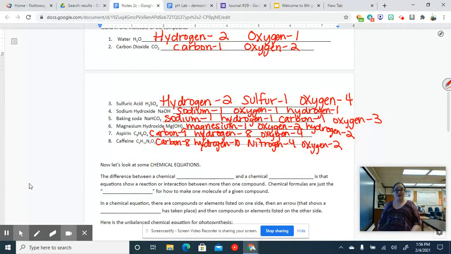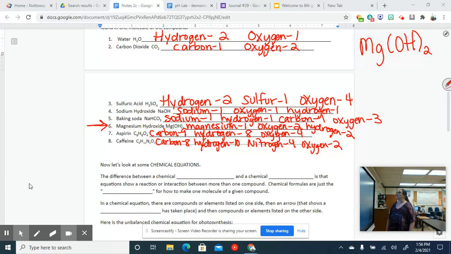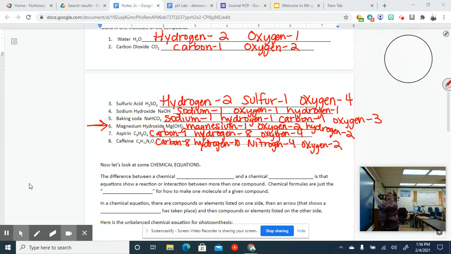All right, so there are all the answers. I want to draw your attention especially to number 6, because in that one you've got magnesium hydroxide, but you got parentheses and then 2 on the outside. And just like in math, that 2 applies to everything within the parentheses. So it will be magnesium 1, oxygen 2, hydrogen 2 for that one.